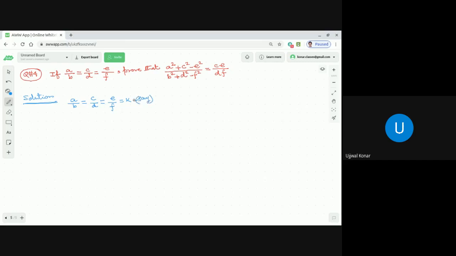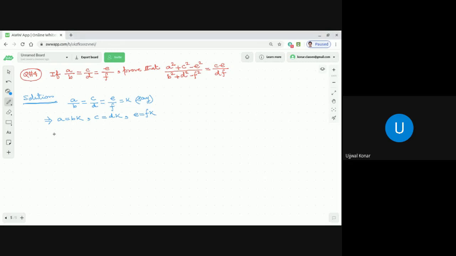So from here, what we are going to get, A is equal to BK. Then C is equal to DK, and E is equal to FK.